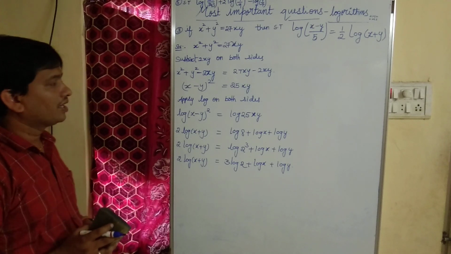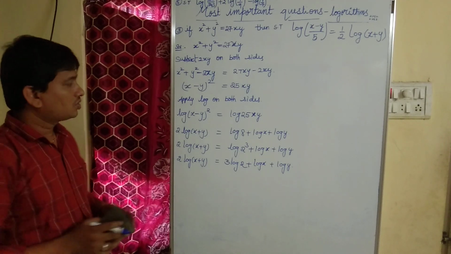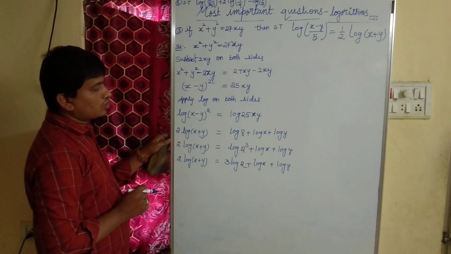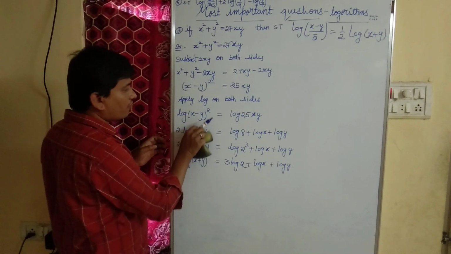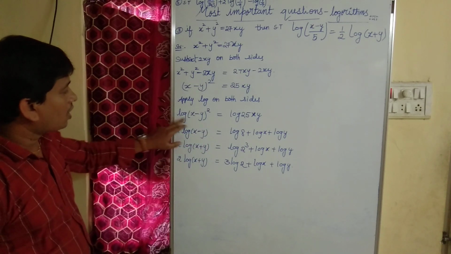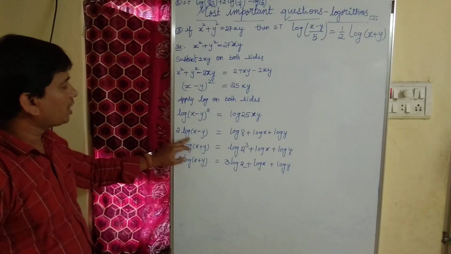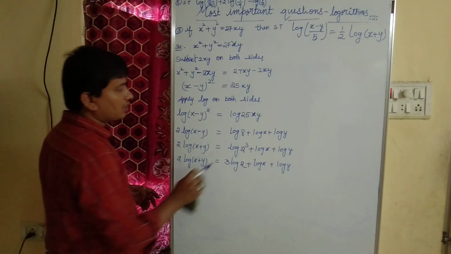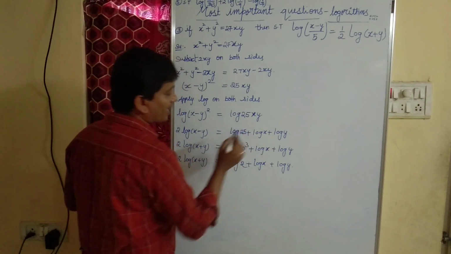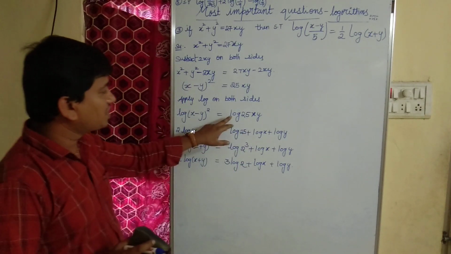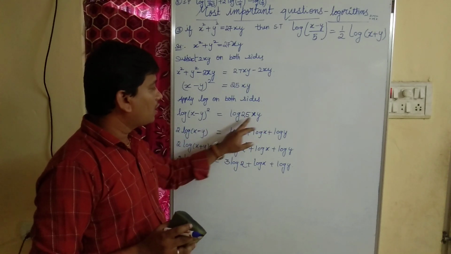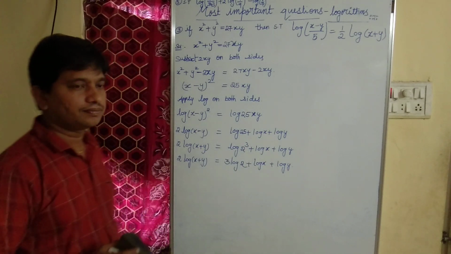So log of (x minus y) whole square I can write as 2 into log of (x minus y). Log a power m I can write as m log a. So 2 into log of (x minus y) equals log 25 plus log x plus log y, because log of abc I can write as log a plus log b plus log c.